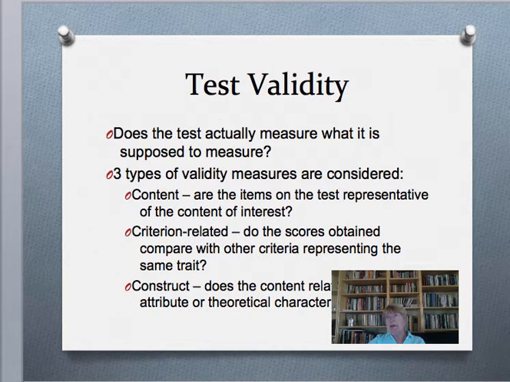So one theory that I would have would be that poor readers would do more poorly on a test than good readers would do. And so I would expect my test of reading to be able to differentiate between actual poor readers and actual good readers, because my theory is that poor reading goes together with poor performance.